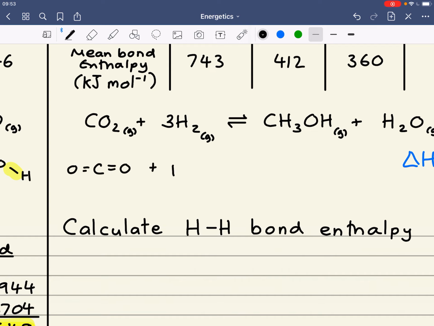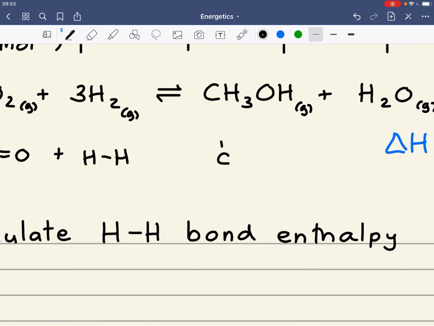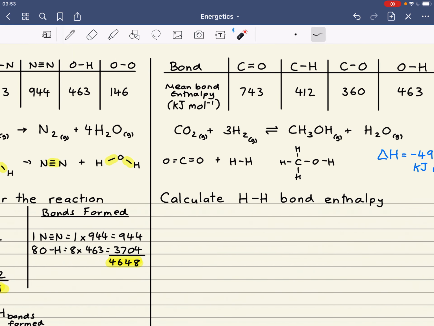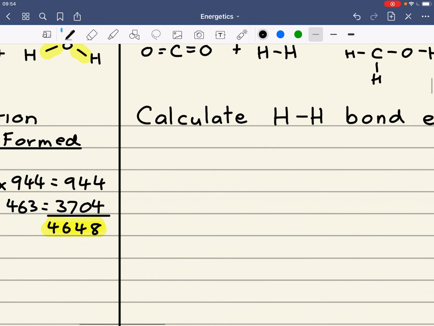Obviously, hydrogen is H-H. Methanol is this, and water is the same as we've looked at in the previous question here. So I follow the same procedure. I'm going to say bonds broken.